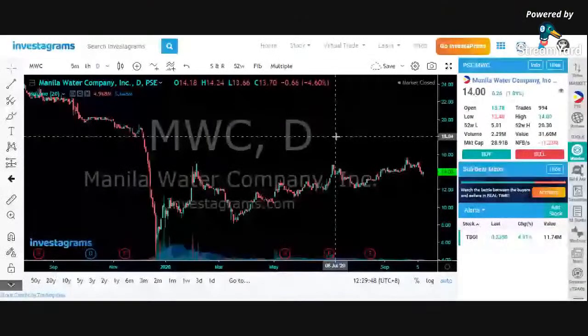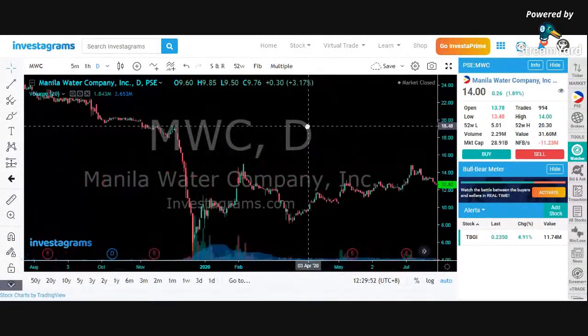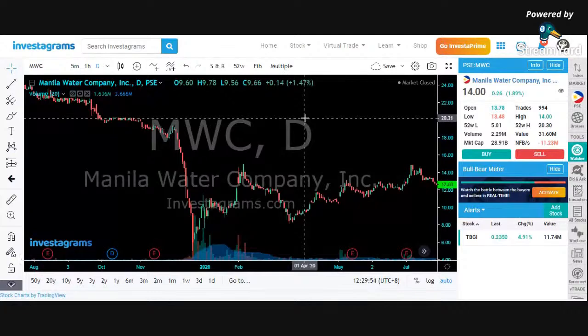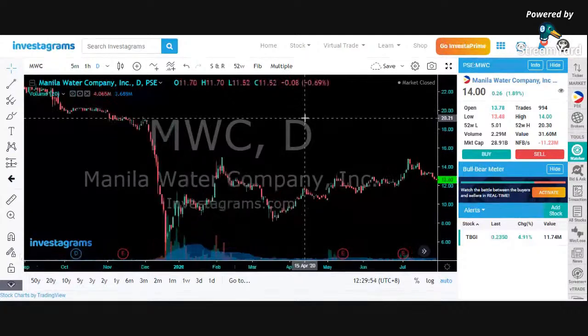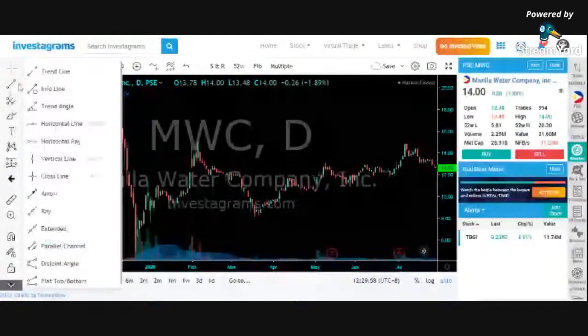So if the stock is going down, okay, now here, this is a pure price action of Manila Water Company. You see the red candles here.